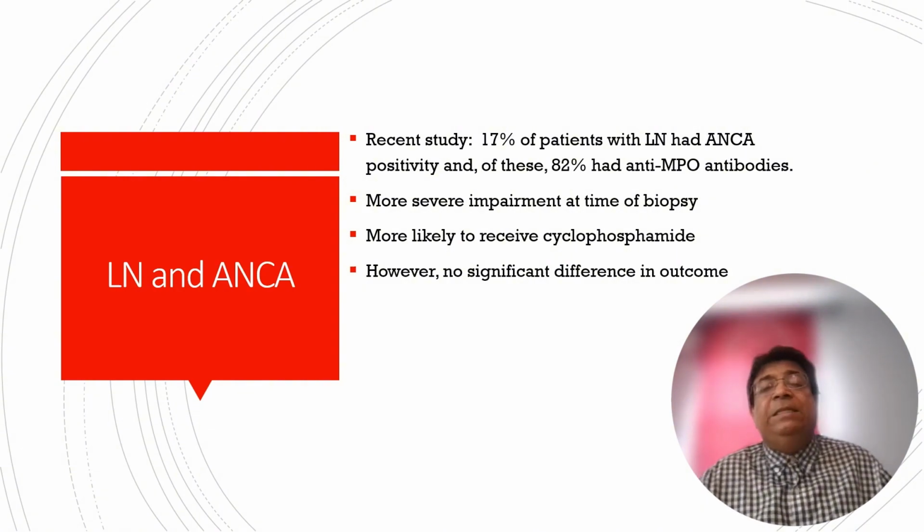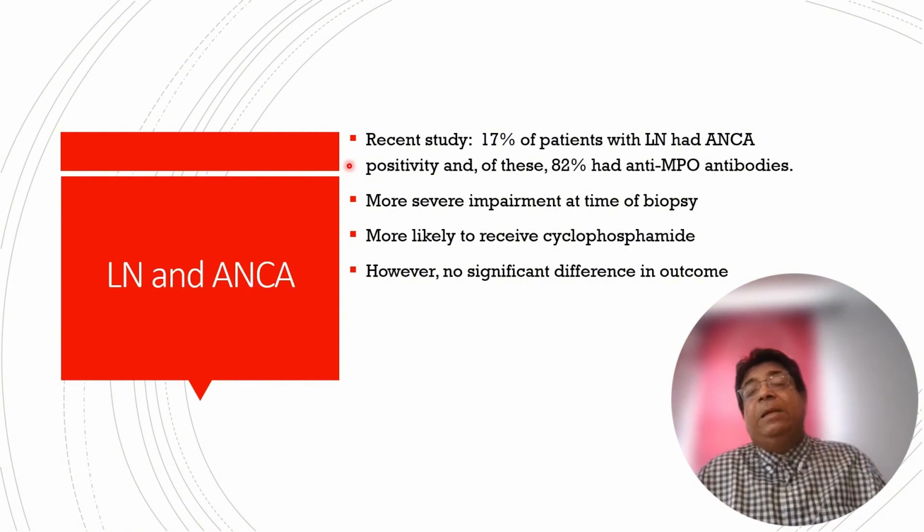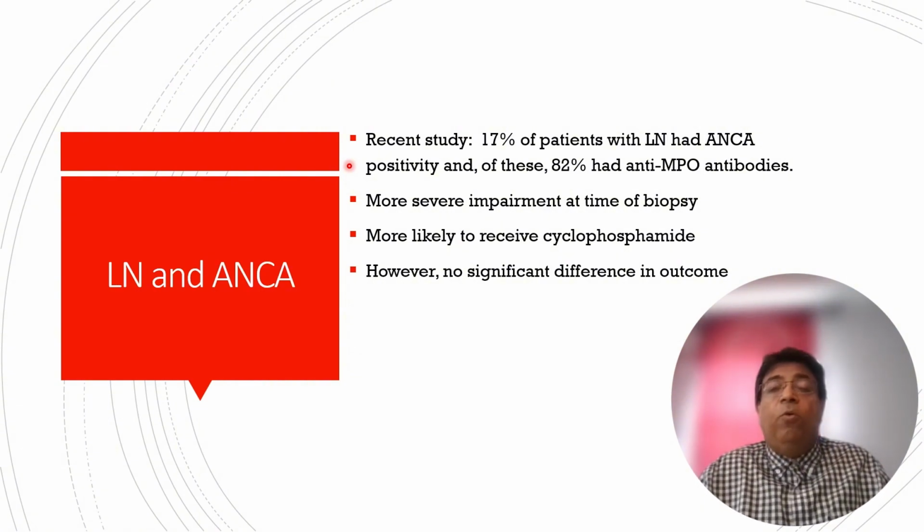So 17% of patients with lupus nephritis also have ANCA positivity. And we'll talk about ANCA vasculitis just after we're done with lupus nephritis. So ANCA antibodies are anti-neutrophil cytoplasmic antibodies. ANCA antibodies can be antibodies to myeloperoxidase, MPO, or PR3.